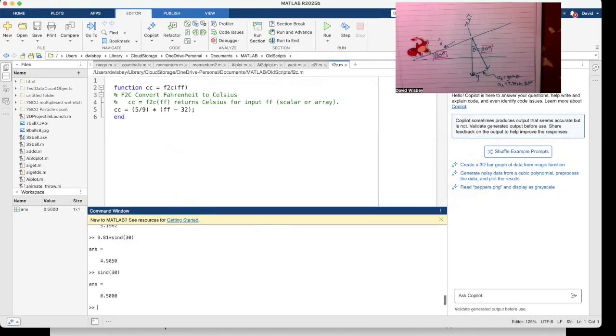Now let's recall, maybe you don't recall, but sine of 30 is actually 1/2. When you take math, you used to have to memorize these tables of different values. I never memorized them, but it's actually useful to know. So sine of 30 is 1/2. Sine of 45 is not so easy to remember, 0.7. I think that's actually 1 divided by the square root of 2.